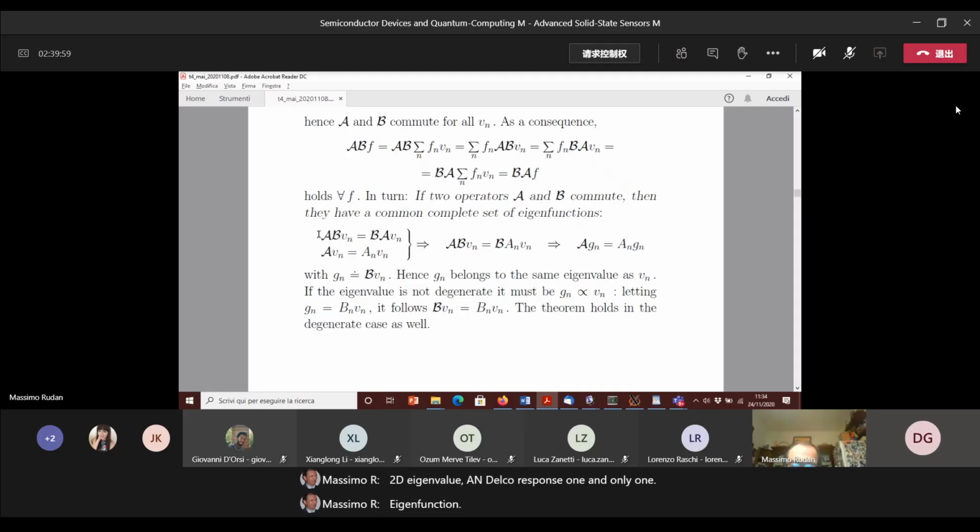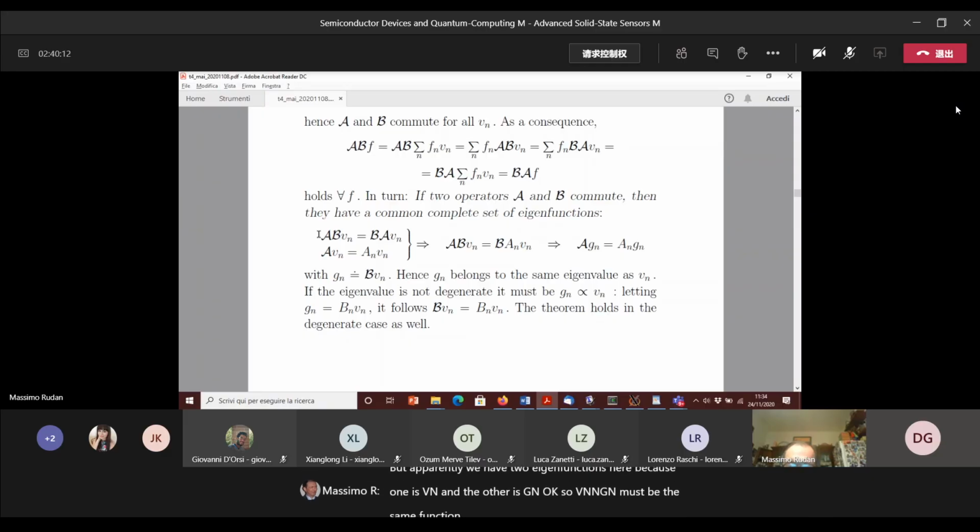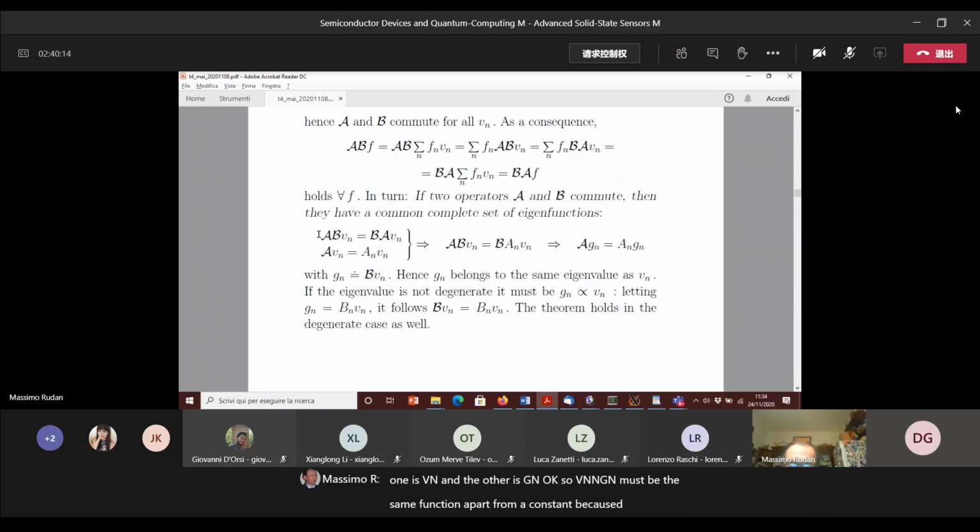But apparently we have two eigenfunctions here, because one is Vn and the other is Gn. So Vn and Gn must be the same function apart from a constant, because the problem is homogeneous. So we may let Gn be equal to a constant that we call Bn times Vn.